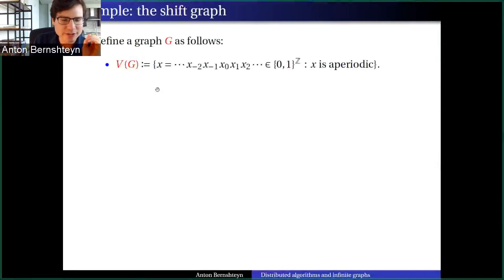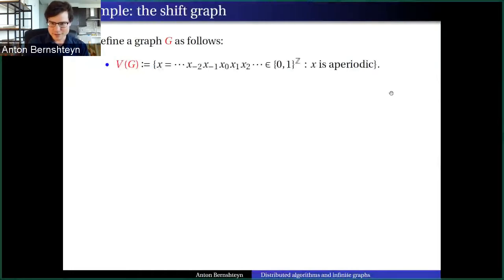So first, I'm going to define the vertex set of the graph, and every vertex of my graph is going to be an infinite sequence of zeros and ones, indexed by the integers. So the vertices themselves are infinite sequences of zeros and ones, infinite in both directions, with the additional condition that the sequence is aperiodic.